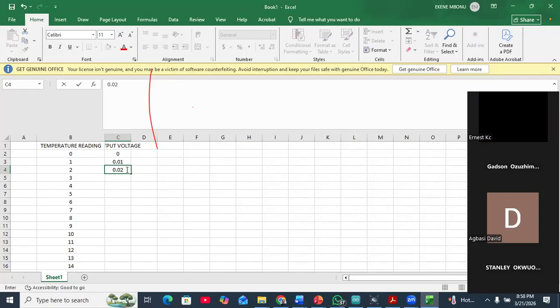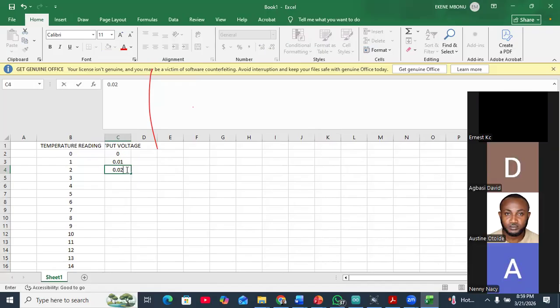What is the multiplication factor now? What do we multiply 1 with to get 0.01? Times 10 to power minus 2, sir. Divide by 100, okay, times 10 to power minus 2. That is 0.01 volts.